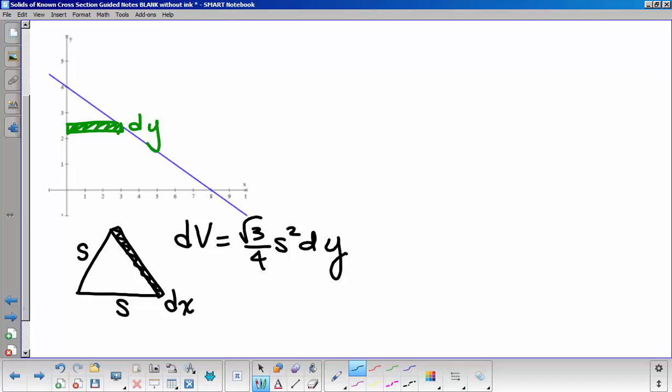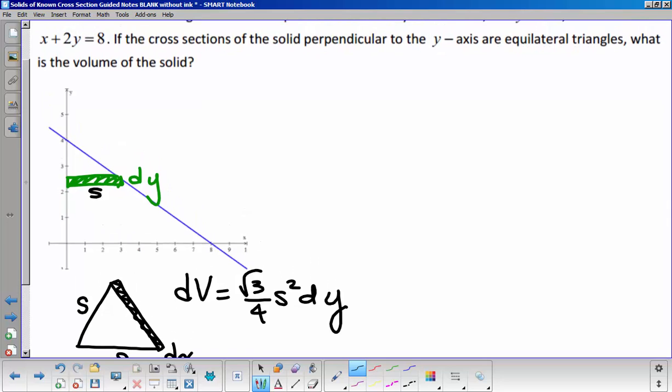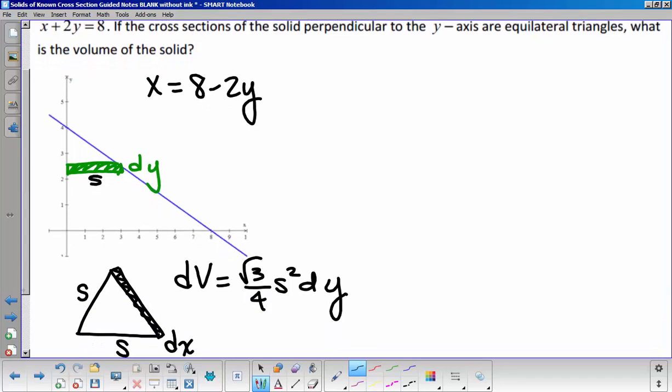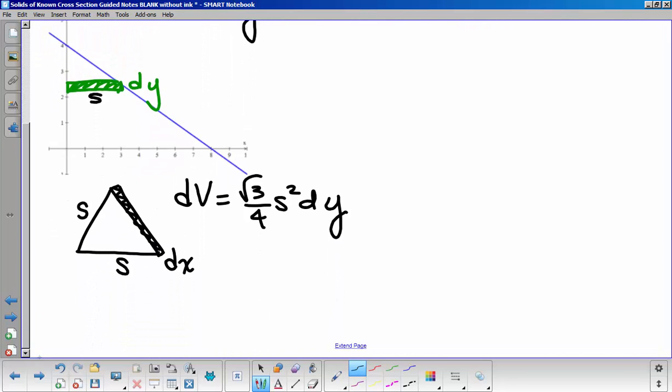Okay, but what is s, which would be this distance, functionally? x equals 8 minus 2y, yes. So s is equal to 8 minus 2y, you're right. You have to do it in terms of y because it's dy, and we're going to have an integrand full of y's.